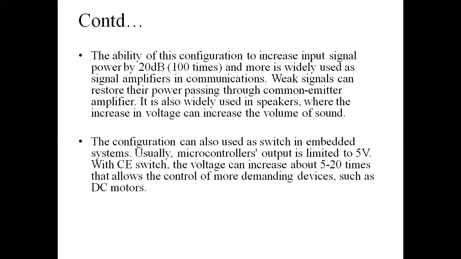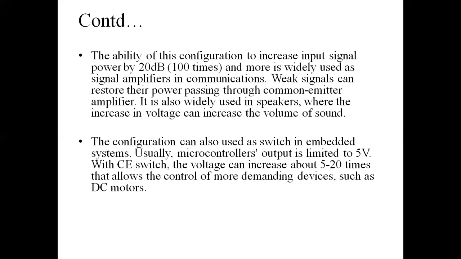In communications, we use amplifiers in different sections, like the transmitter side and receiver side, to amplify weak signals that come over large distances. These weak signals can restore their power by passing through a common emitter amplifier. It is also widely used in speakers, where the increase in voltage can increase the volume of sound.